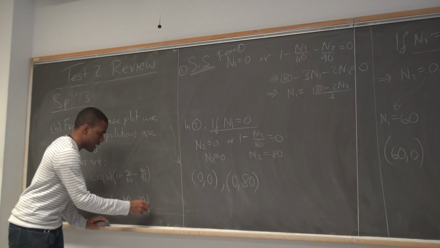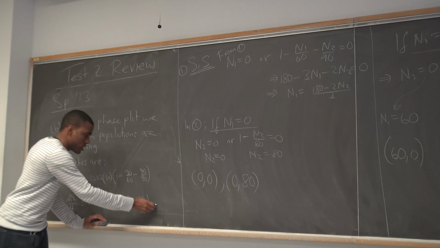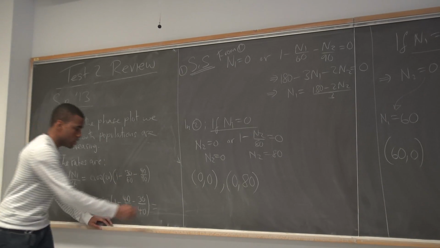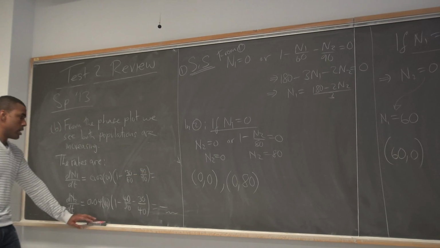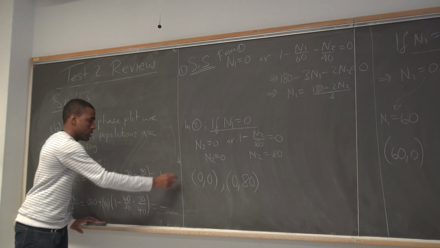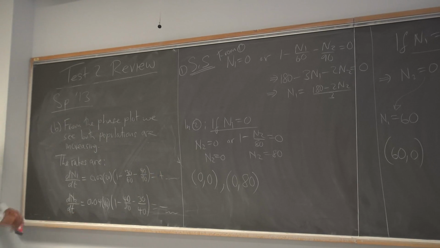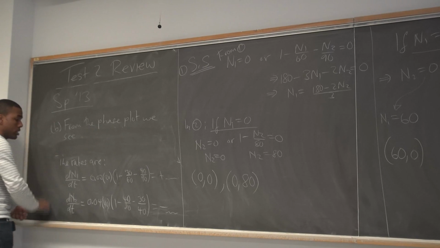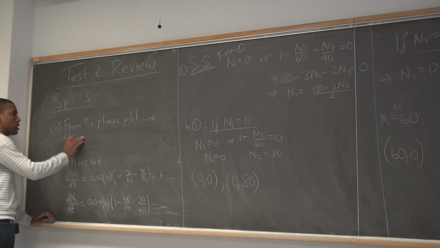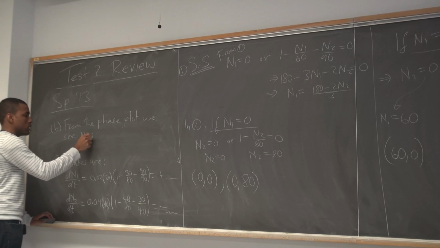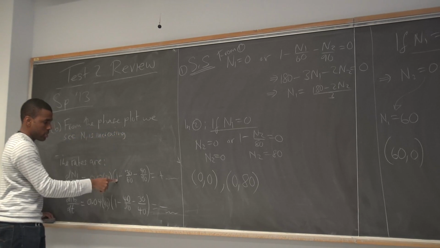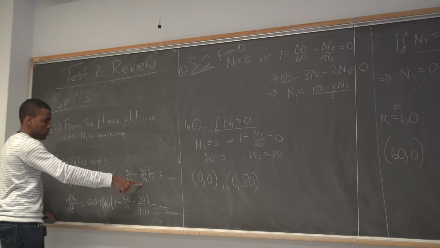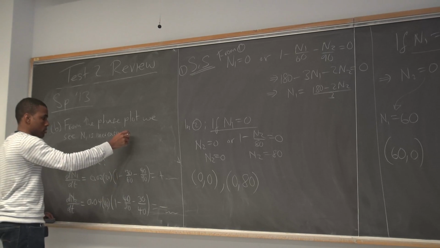So this one was actually negative, but the question wants you to find the answer. Just put it in your calculator. You'll get negative something, and you plug this into your calculator, and you should get positive something. So from the phase plot, and you can actually double check this, N1 is increasing, which makes sense. This is 1 minus a half minus 4/9.